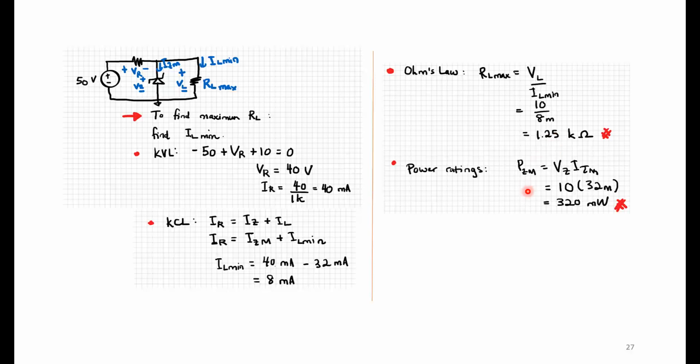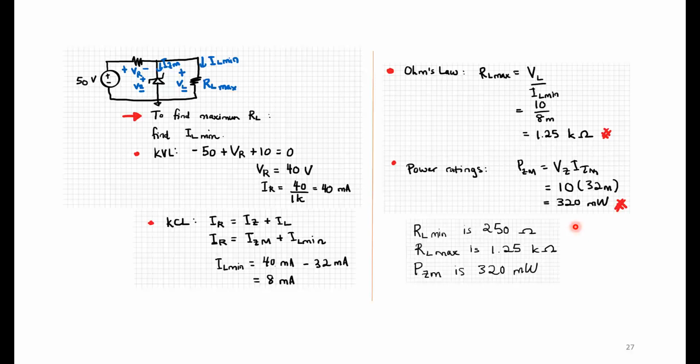And the power rating for the diode is VZ, which turns on at 10, times IZ max, which is the value that they give, which is 30 milliamps, to be equal to 320 milliwatt.